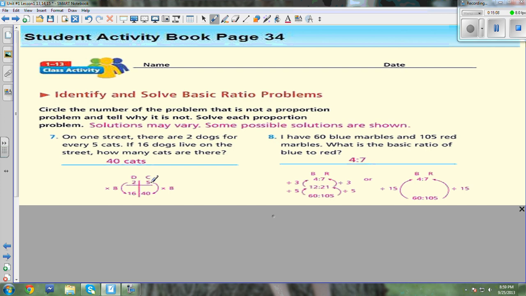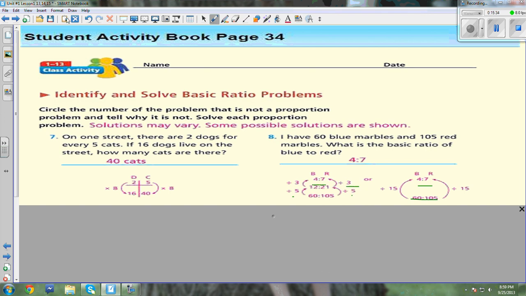And then they have 16 to 40. Multiplied by 8 to get the 16, multiplied by 8 for the 40. Just one way, factor puzzle works perfectly fine. Here, they realized that 15 actually goes into both, so you can get the 4 to 7 a lot quicker, or if you divide by 5, which I did, you end up with the same answer.